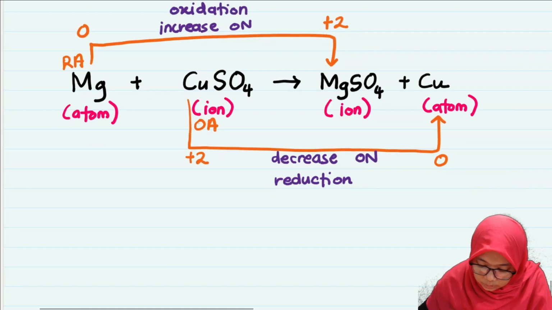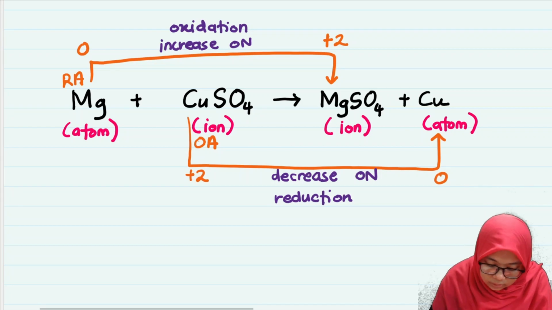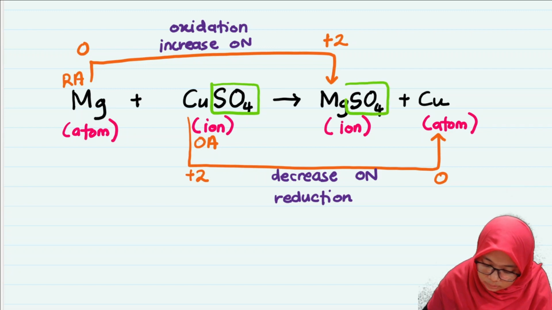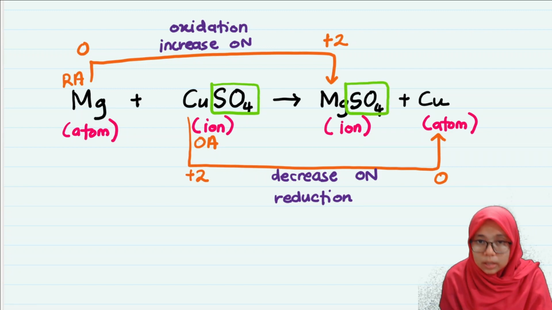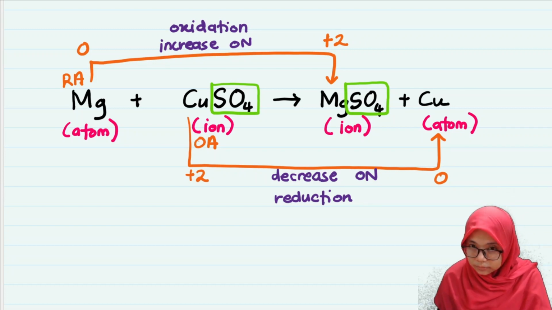If we look at this equation, we will determine that sulfate remains as sulfate in the reactant, and in the product, sulfate is just sulfate ion, so it does not undergo any change in oxidation number. So the focus of elements in this reaction is magnesium and copper ion.